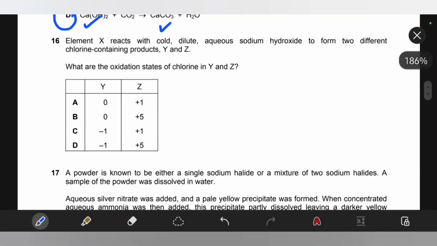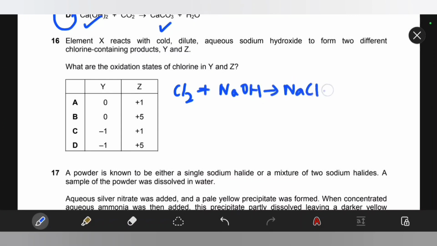Element X reacts with cold dilute aqueous sodium hydroxide to form two different chlorine-containing products, Y and Z. What are the oxidation states of chlorine in Y and Z? Okay, so we have studied this equation of chlorine reacting with dilute NaOH, forming NaCl plus NaClO plus water.